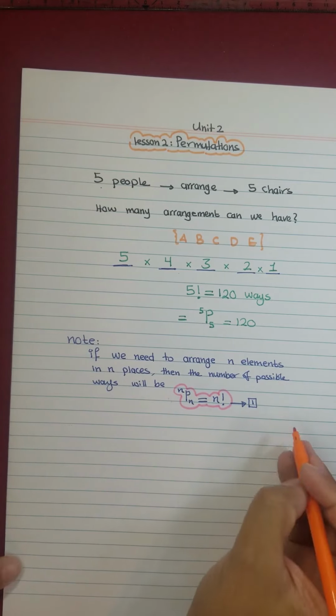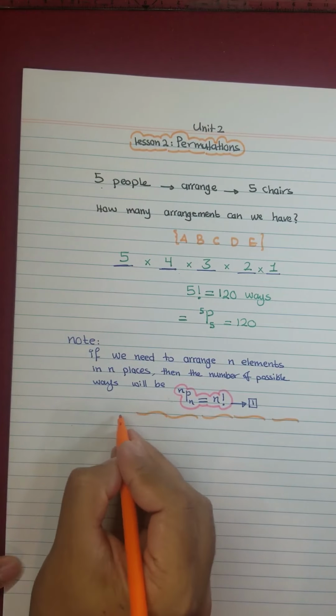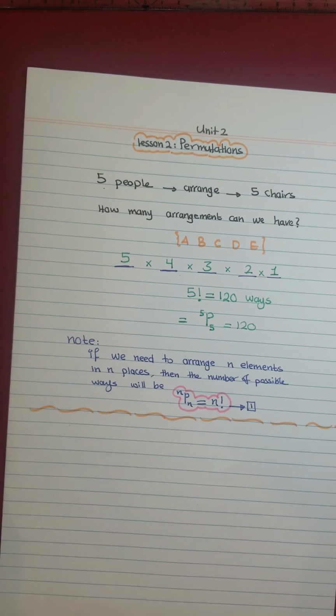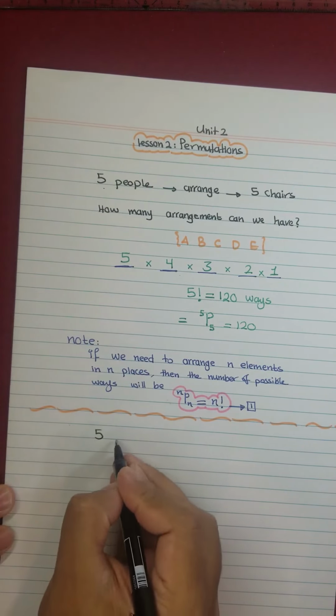Okay. What if this question was a little bit different? What if we have 5 people? We want to arrange them, but this time we don't want to arrange them on 5 chairs. We want to arrange them on 3 chairs. So 3 people only will sit and 2 will not.